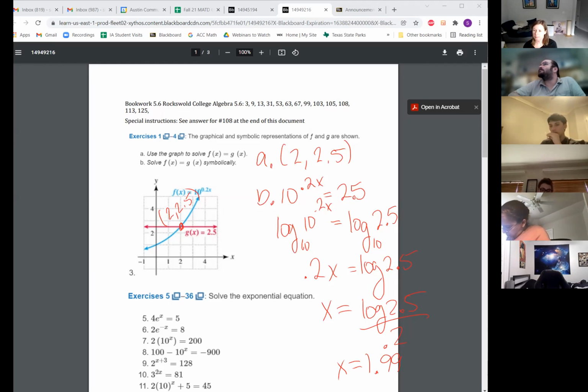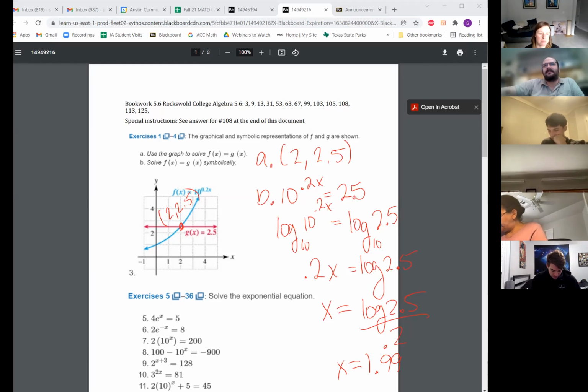Wait, our answer for A is 2, 2.5. Yeah, that's where they intersect. Oh, that's where the graph is the same, right? That's where they hit each other. It should be the x value if they ask for a solution, typically. You wouldn't write it as a point when they're asking when are the functions the same? Usually they're looking for an x value.